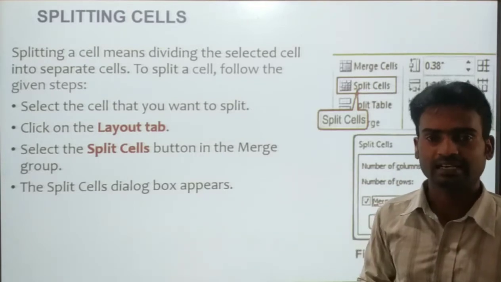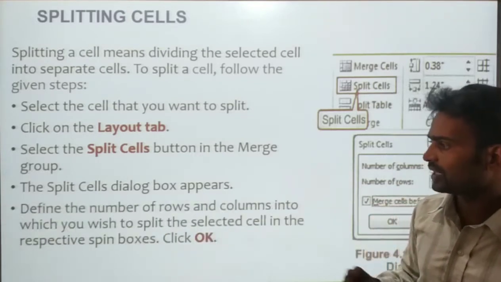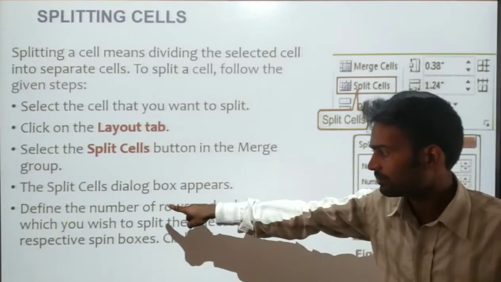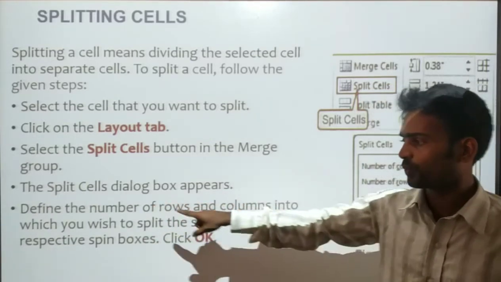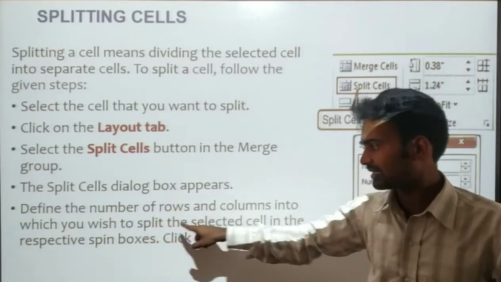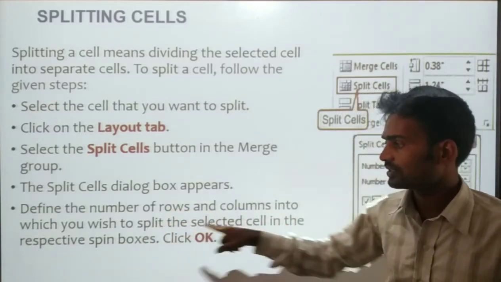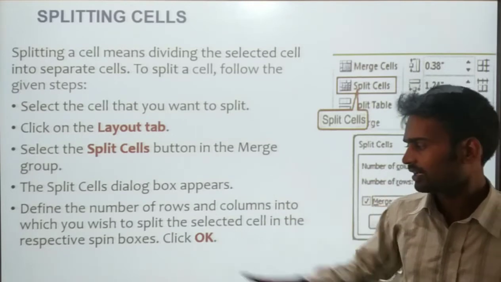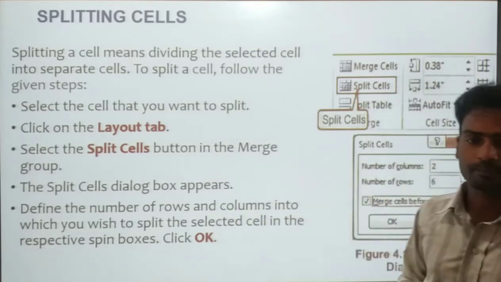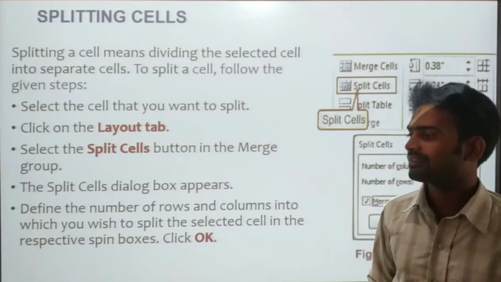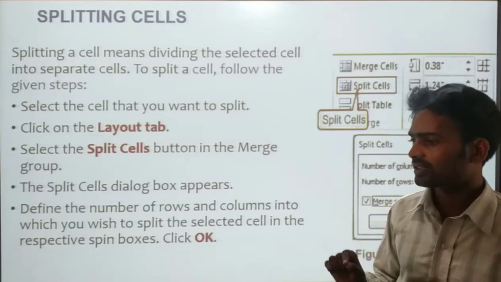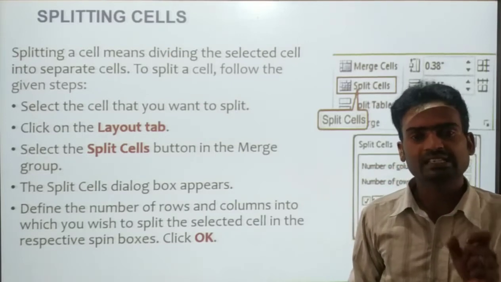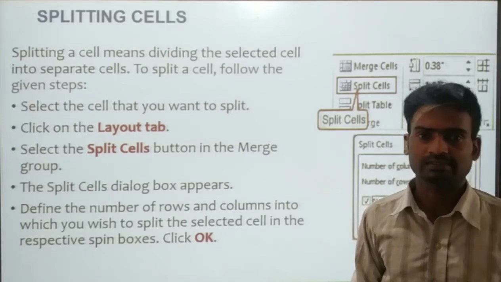We have to define the number of rows and columns into which we wish to split the selected cell. And then click on OK. The particular cell will be split into different cells.